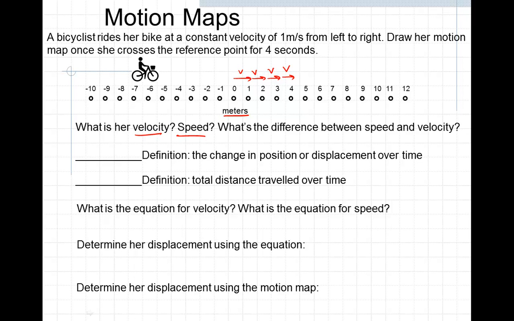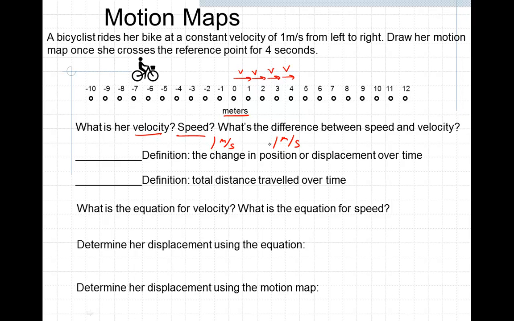So her velocity, it turns out, because she's going 1 meter every second, her velocity is essentially 1 meter per second. Her speed is also 1 meter per second. But I've made a mistake here.